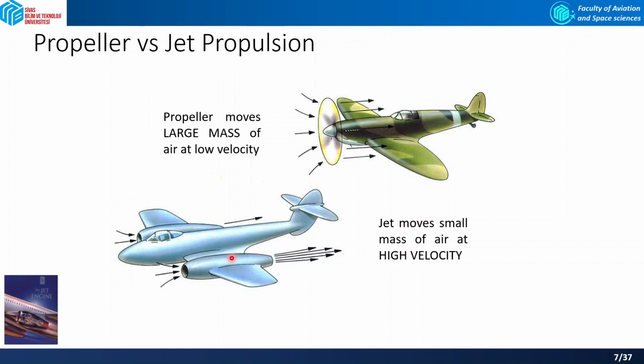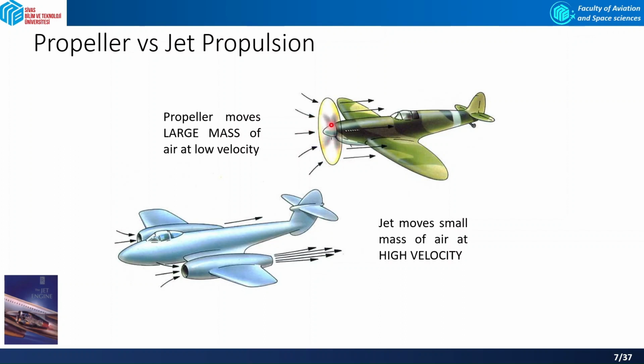Actually, there is an engine, and it is a jet engine. So let's look at the propeller one. The air comes and hits the propeller, and then the propeller guides the air like this. So it moves a large mass, a large amount of air, but at a very low velocity.